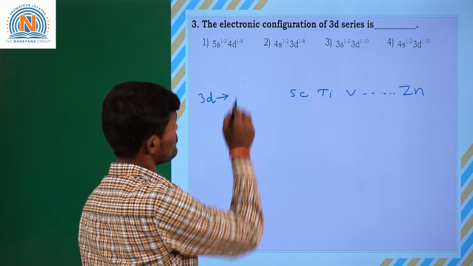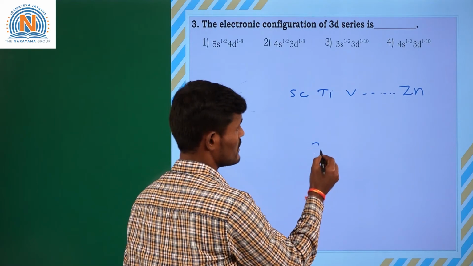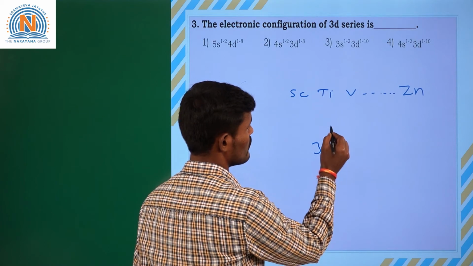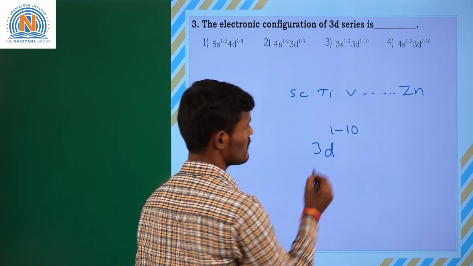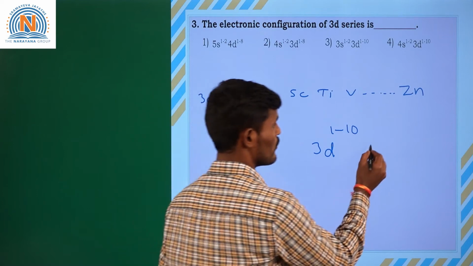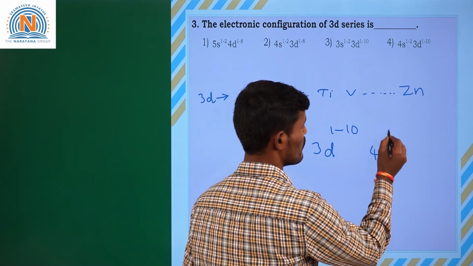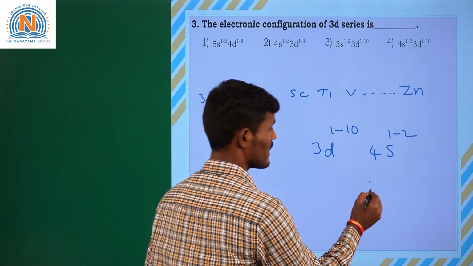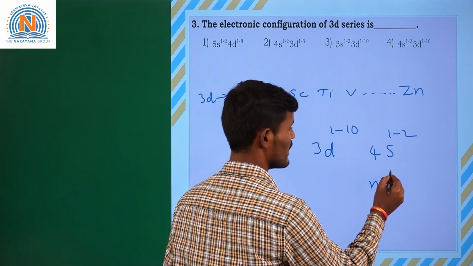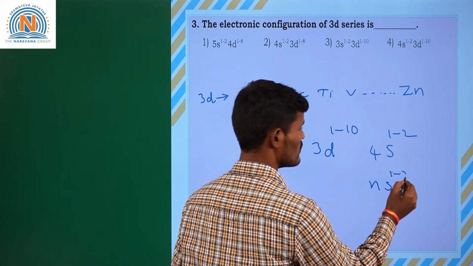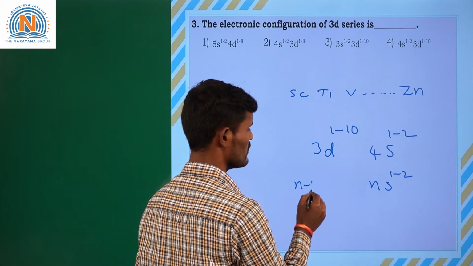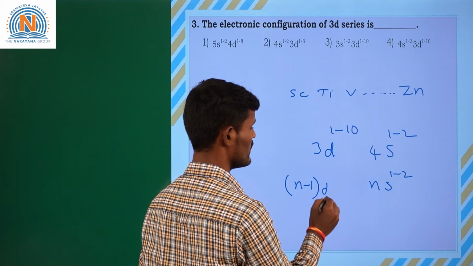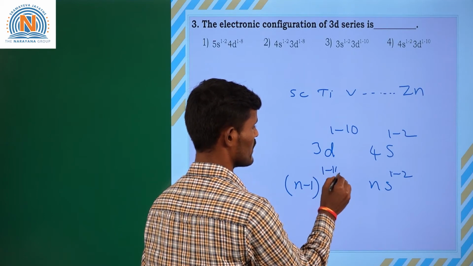Here, 3d 1 to 10, 4s 1 to 2. This can be written according to ns 1 to 2, (n-1)d 1 to 10.